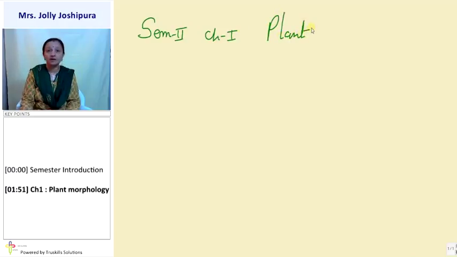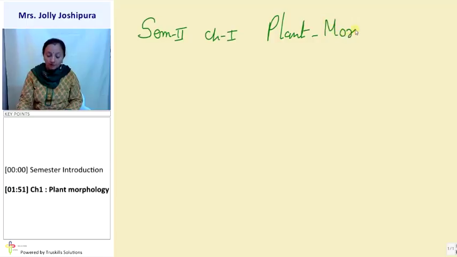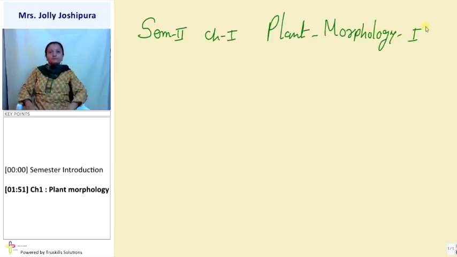You know very well, you have already studied about the plant kingdom in your first semester, so you are very familiar with all varieties of plants. And now in a plant you are going to study about morphology. I'll explain what the word morphology signifies. So, morphology, and that is also 1.